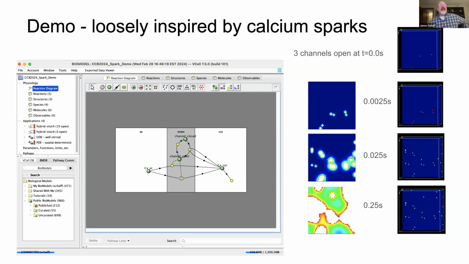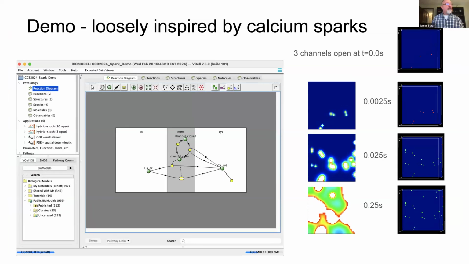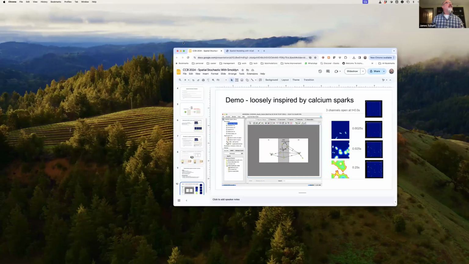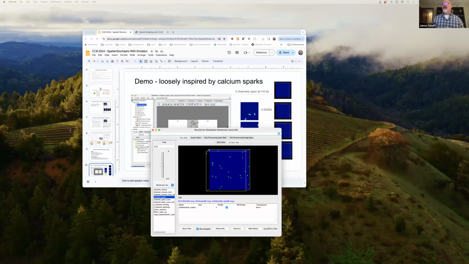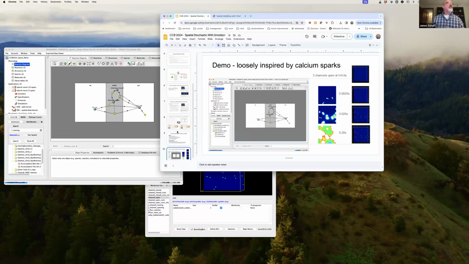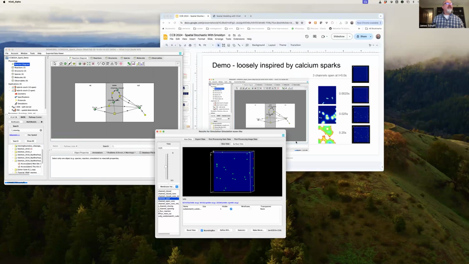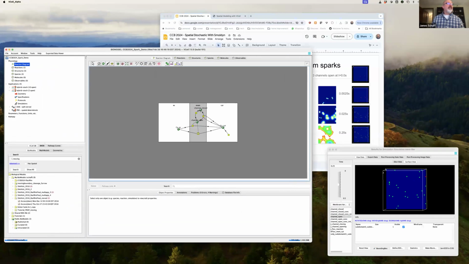I took a snapshot in case the world collapsed and I wasn't able to demonstrate something, but I think I can. So let me try that. So this is the kinetics that I'm talking about.